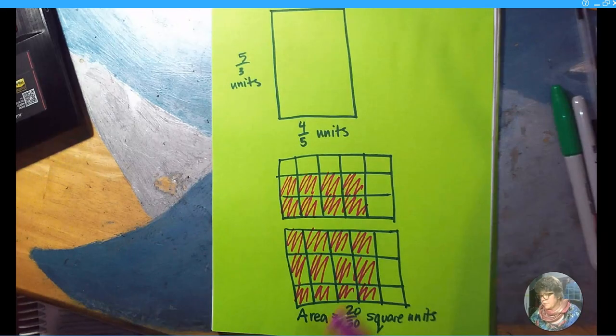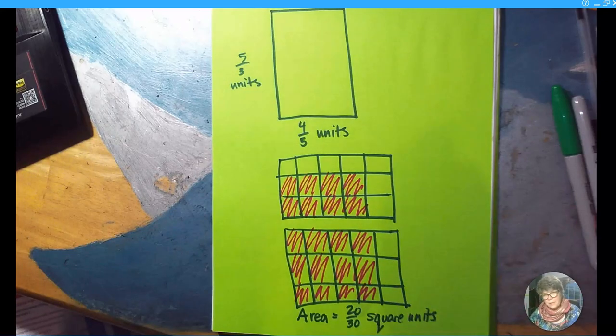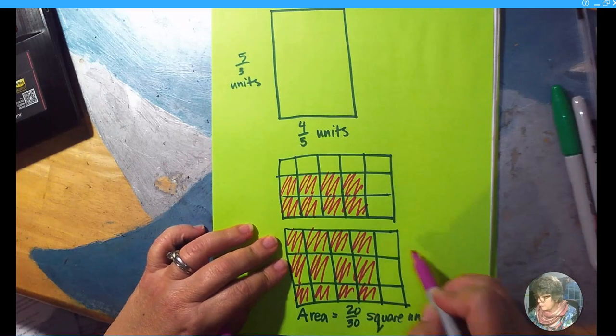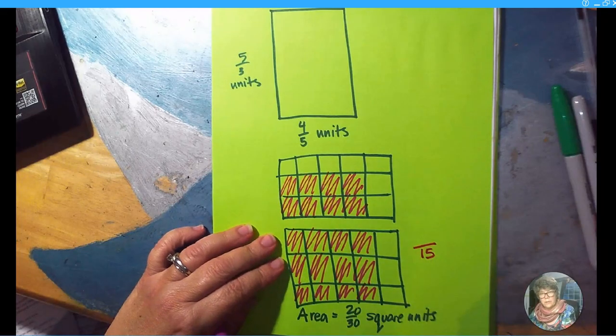How many parts are in 1 unit square? Do you see that there's only 15 here? So is this denominator correct? You are right if you are thinking that it's not correct, because we only use 15ths, because that's how many are in 1 unit square.